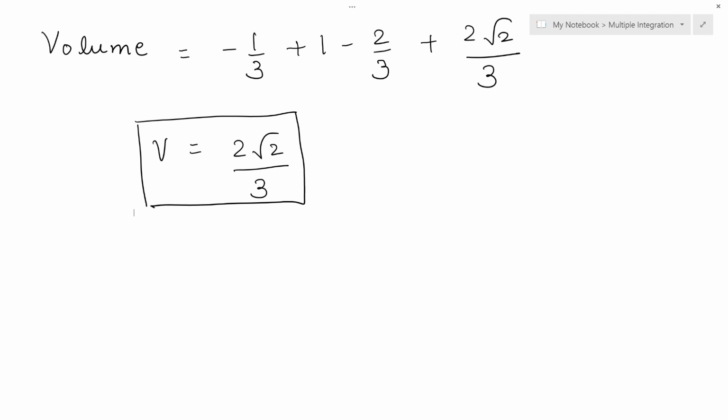If in some sums a standard curve is given to you, that is your complete sphere or something like that, then you can use the standard limits that we used in spherical polar coordinates and use the formula for the volume in spherical polar coordinates and get the answer. So anyway, the application part, that is volume, is nothing new but just an extension of your triple integration part, which I took when the limits of integration were not provided.